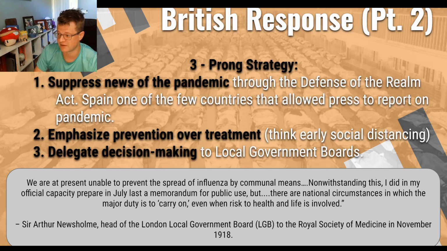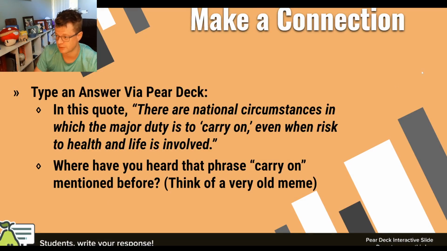And today, we think of that as really abhorrent, right? Because obviously nobody wants to see their neighbors or family pass away, but for the British, this is their response, which makes a little more contextual sense when we think about World War One and their inability to detect the virus. Not saying that you have to agree with it, but it makes it a little more understandable.